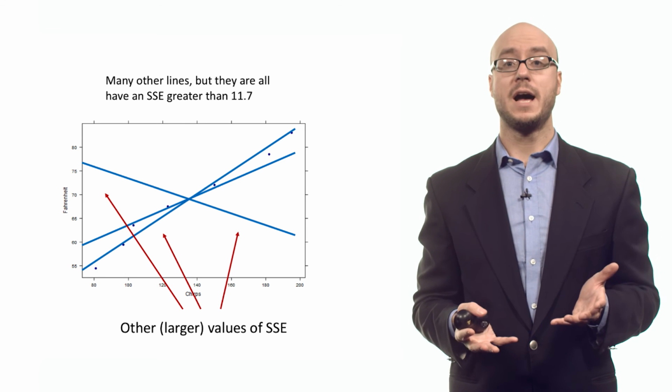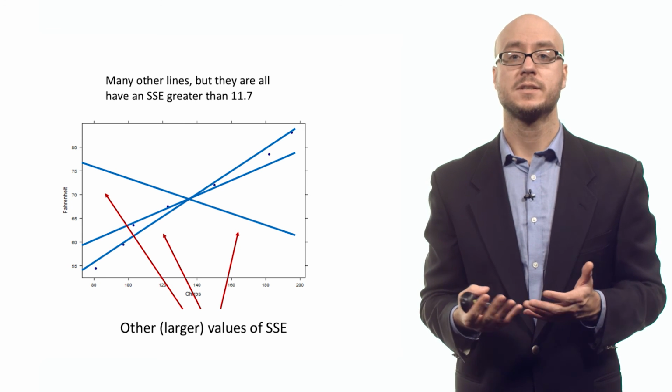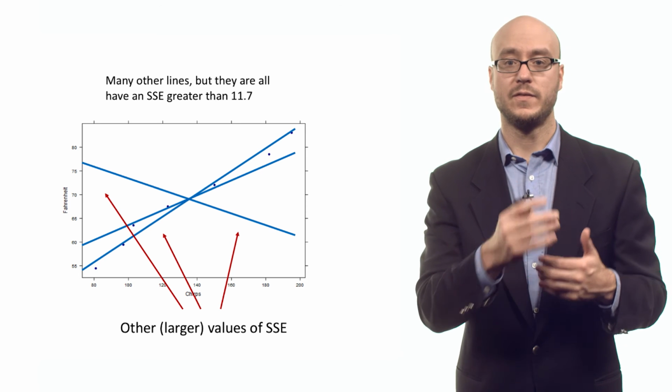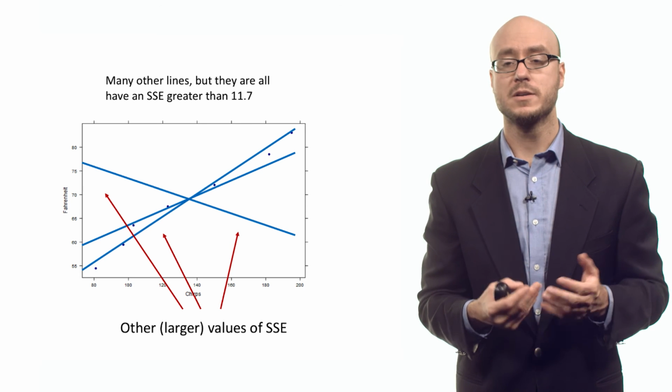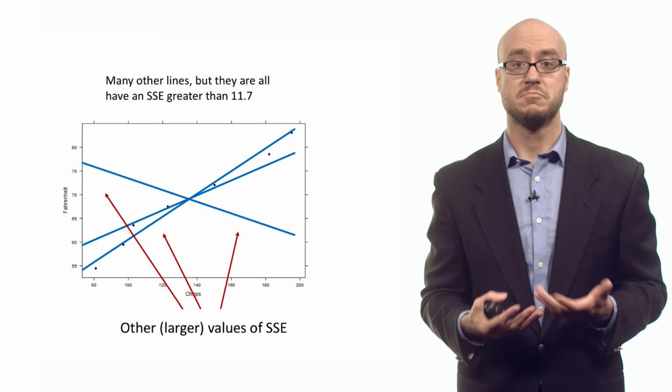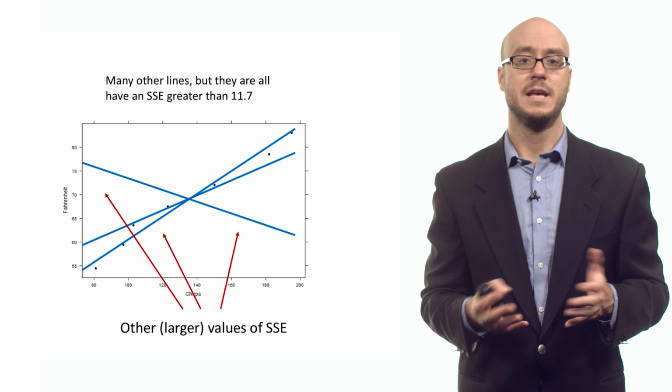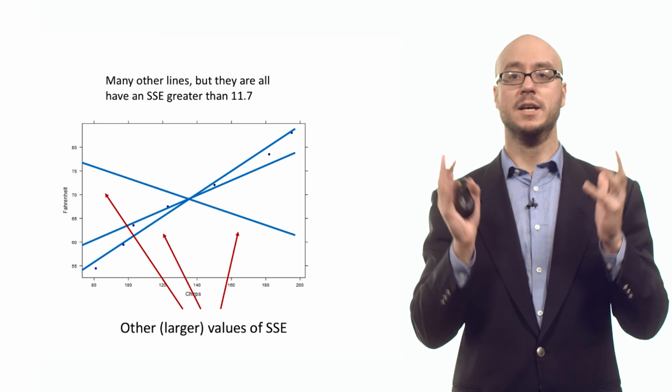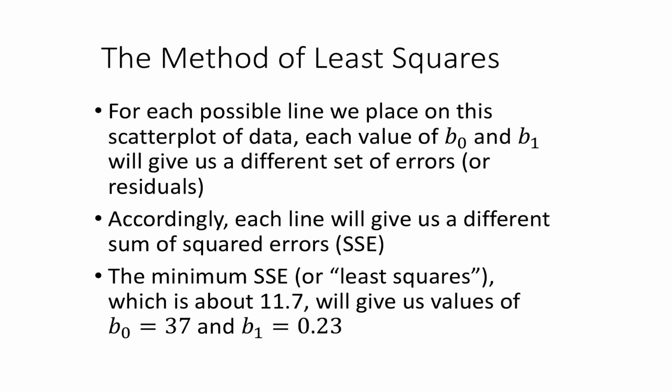Since we derived the sum of the squared errors in this case based on the intercept and slope from the least squares method, we know that 11.7 is the minimum. Any other line you fit to the scatter plot is going to have a larger sum of the squared errors.